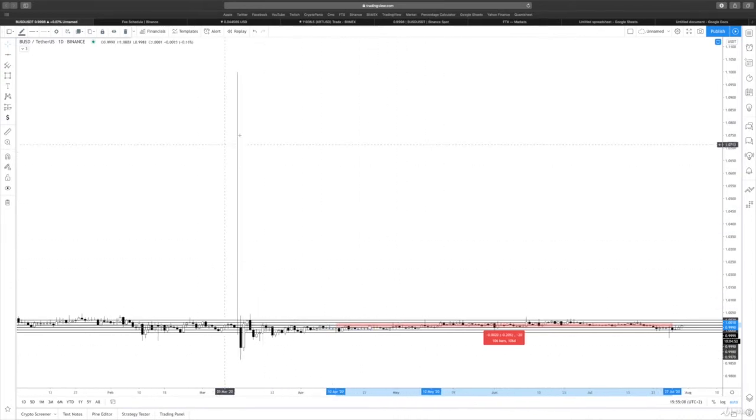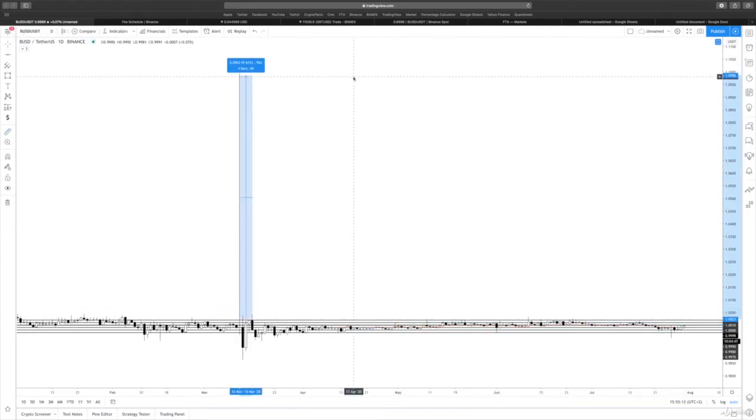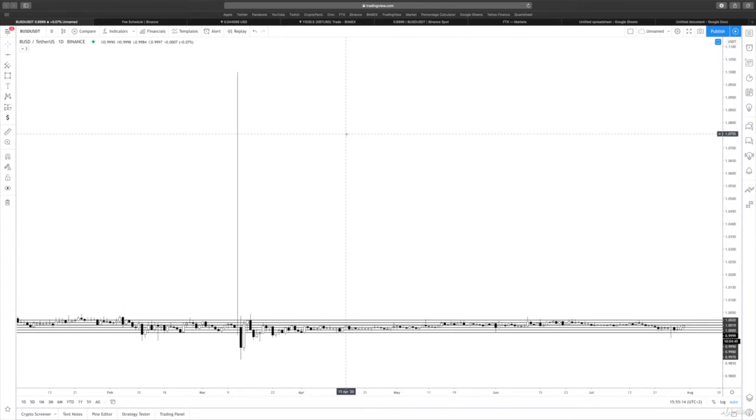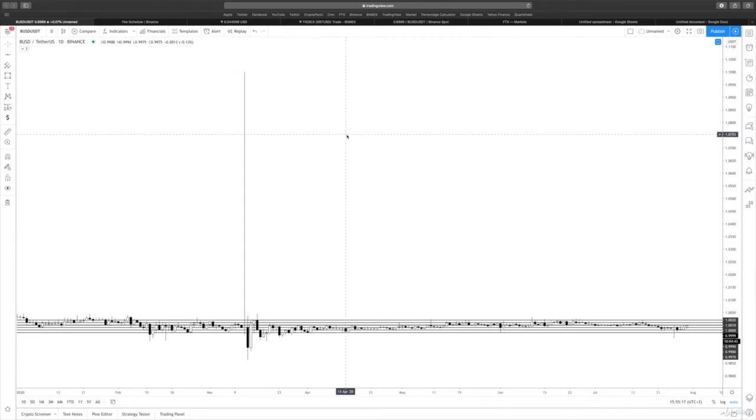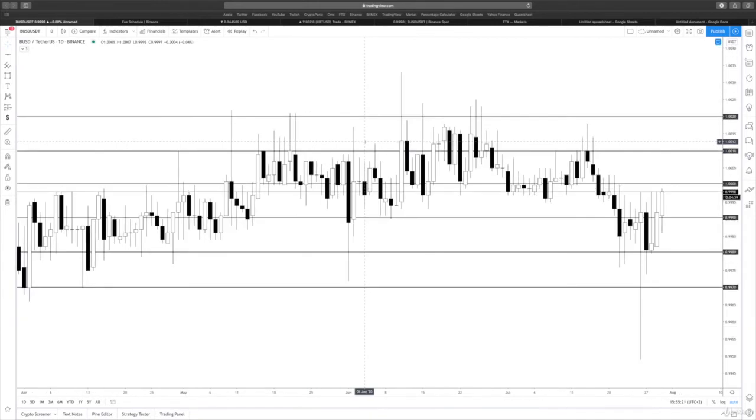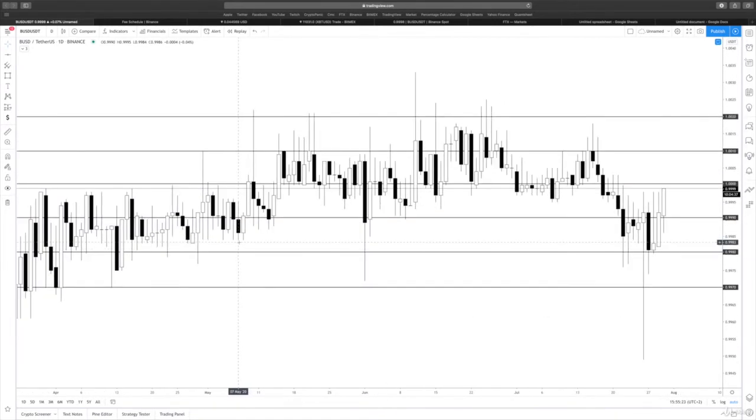But even this is like 10%. Even if you use only 5x leverage, you cannot get liquidated basically.